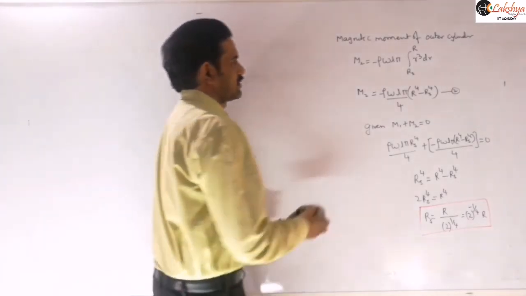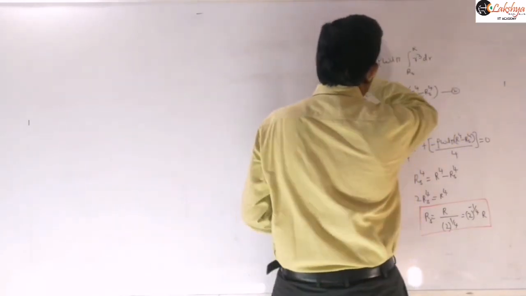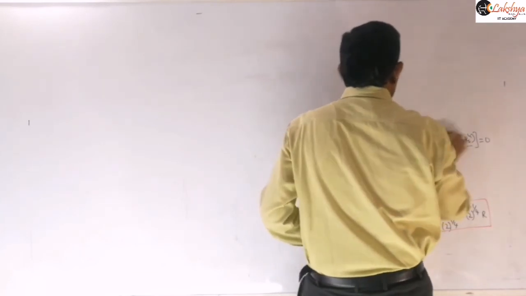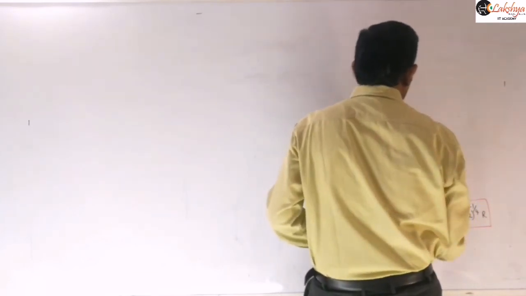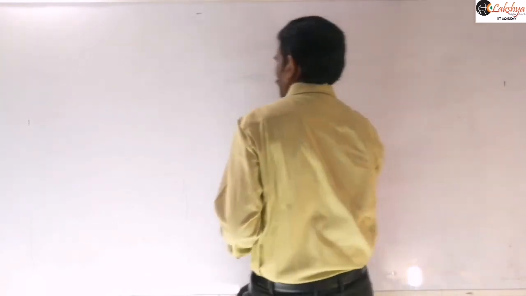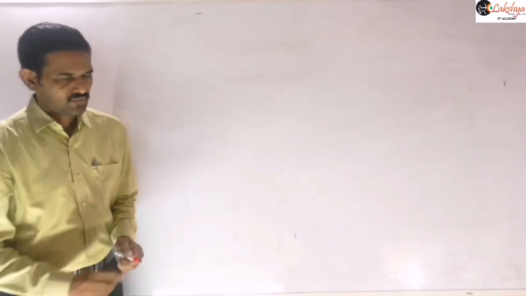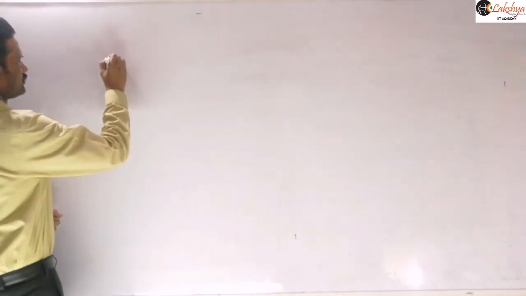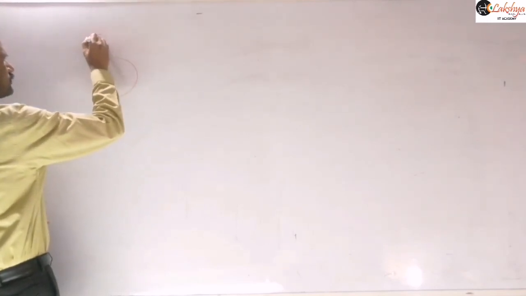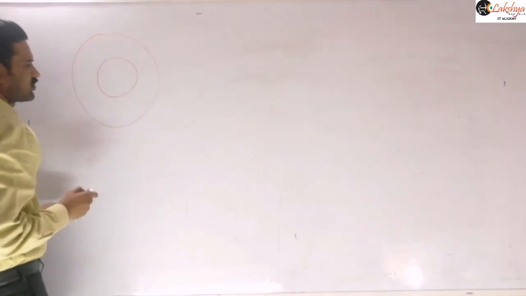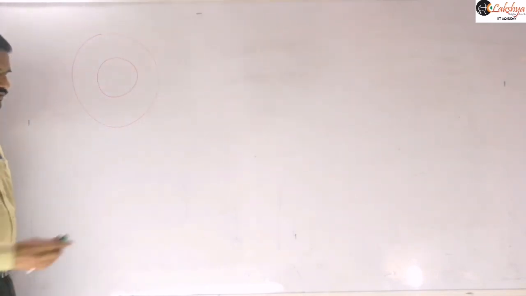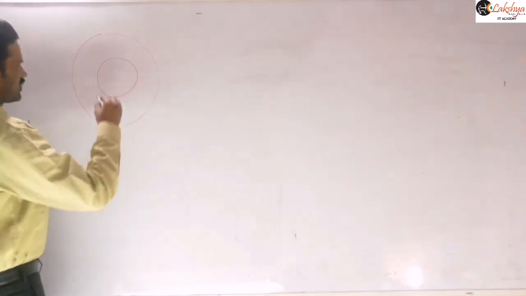A sphere is having uniform charge density plus rho from r is equal to 0 to r is equal to Rs.